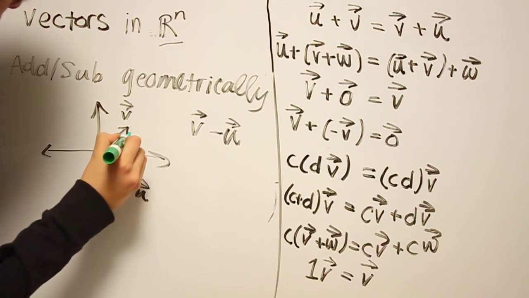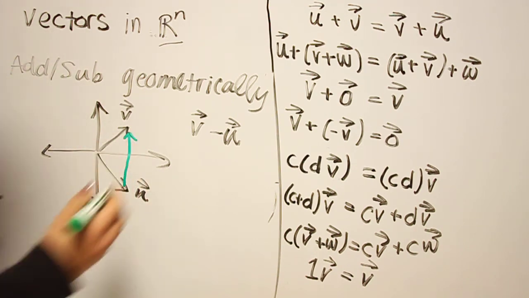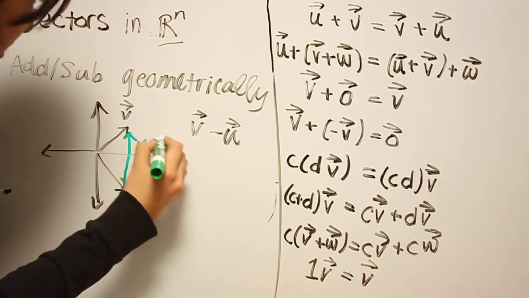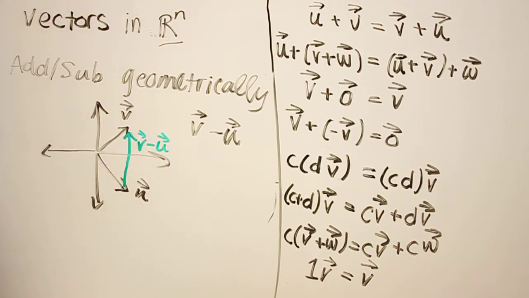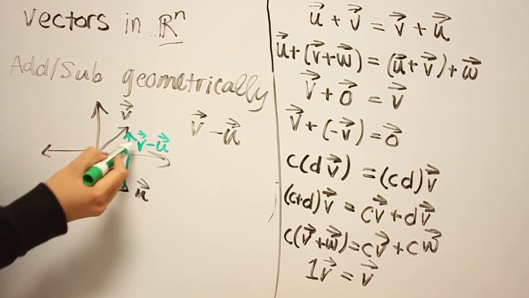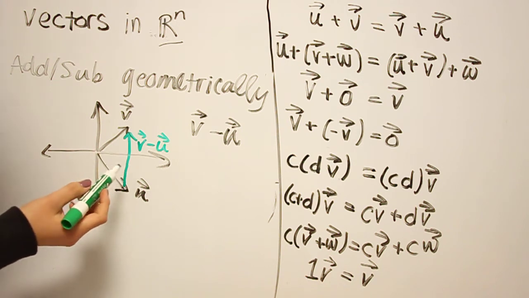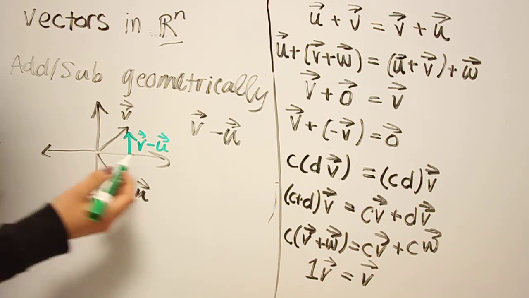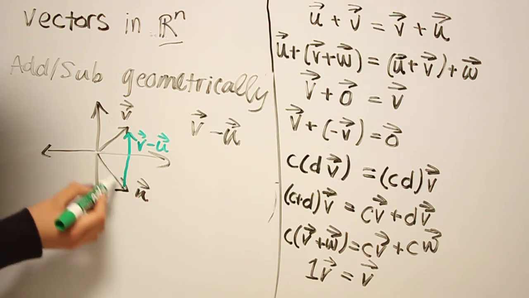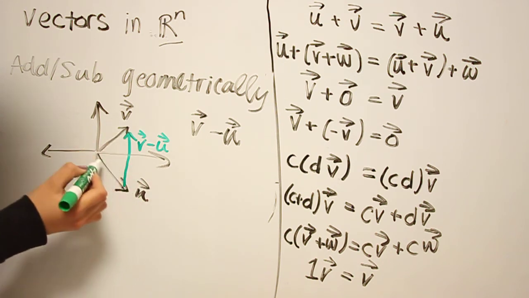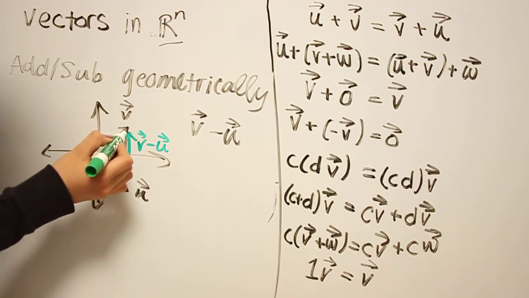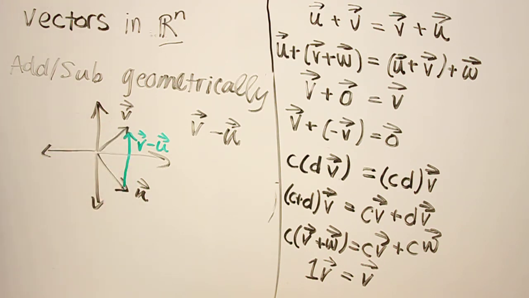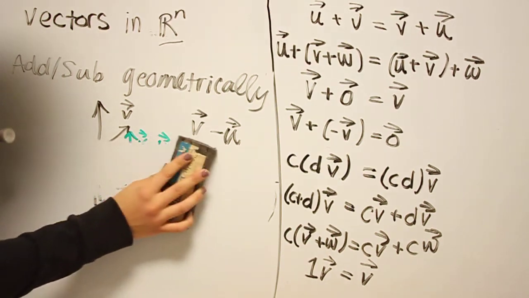We point towards v, the positive, away from u, and we can see that this makes sense thinking back to what we did with addition. U plus v minus u, head to tail, is equal to v. So again, you can check that arithmetically and then graph it to see if it makes sense.